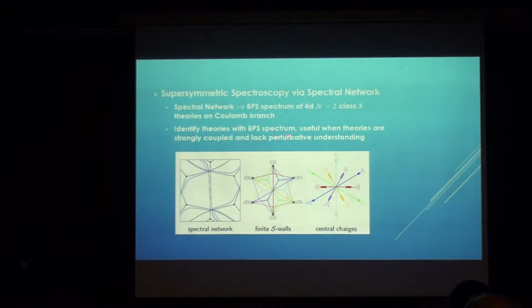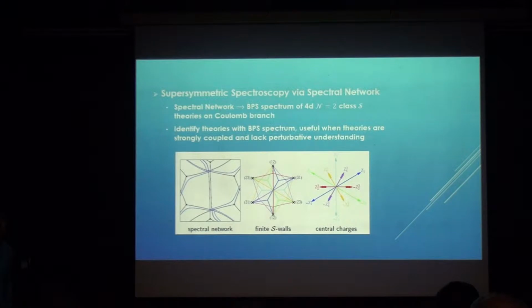It's important and useful when theories are strongly coupled and we don't have a good perturbative understanding of them. Here are examples of spectral networks, and from them we can identify objects called S-walls, and from S-walls we obtain the BPS states and their central charges.